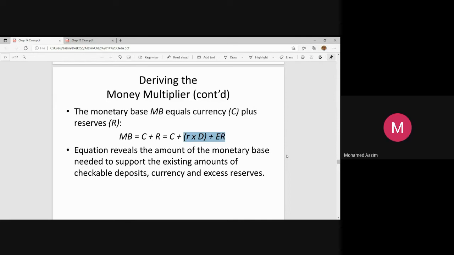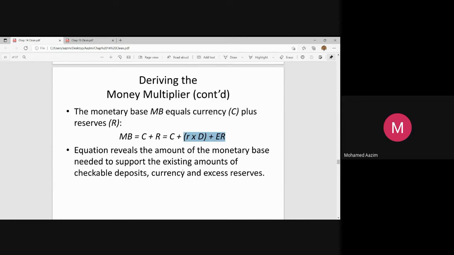Okay. So the equation that you see now, it reveals the amount of the monetary base. The amount of the monetary base, monetary base C plus R, needed to support the existing amount of checkable deposits, currency, and excess reserves.